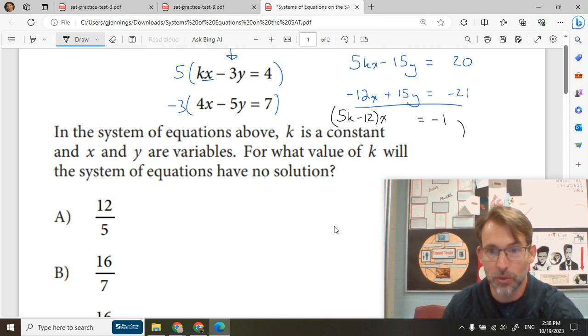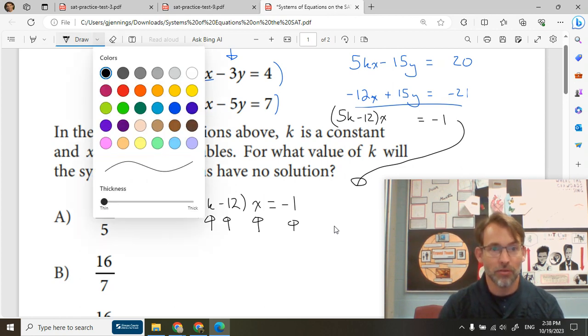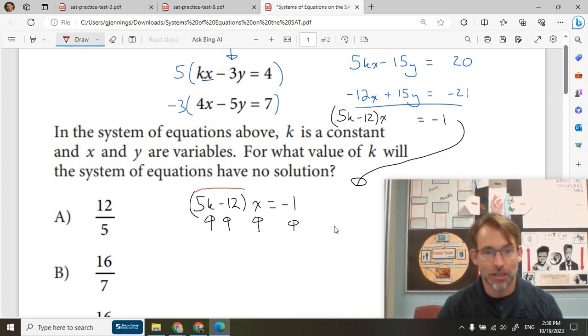Okay, so let's bring this equation down here. 5k minus 12 x equals negative 1. Now, we would like k to be such that there is no possible value of x that can multiply this number and get negative 1. That's what we would like. In fact, the number that k needs to be is whatever number will create a 0 inside this bracket so that the value of 5k minus 12 equals 0.